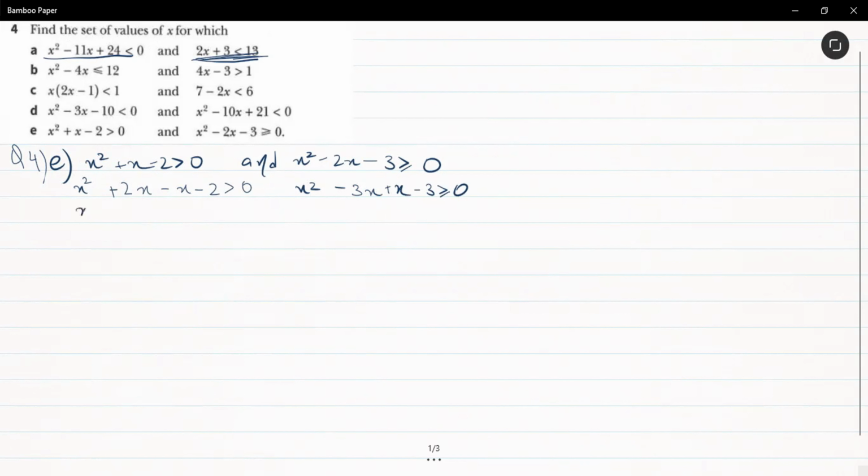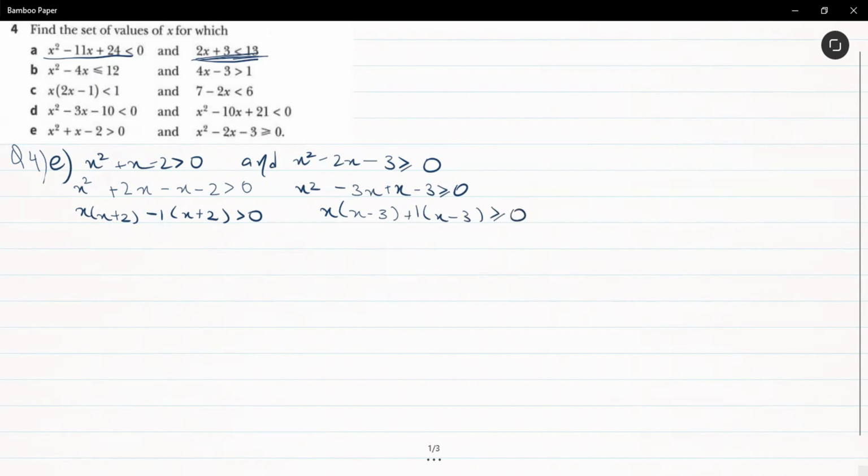Now what we're going to do is take x plus 2 common: x minus 1, x plus 2, which is greater than 0. And for the other one, x squared minus 3x plus x minus 3, taking x as common, x minus 3 plus 1 as common, x minus 3 is greater than or equal to 0.